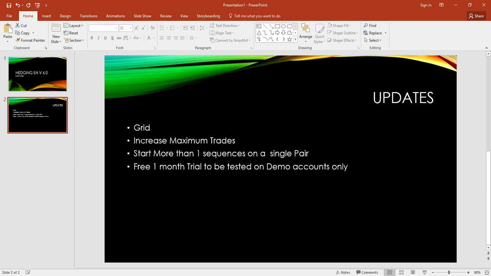The second one is I have increased the maximum number of trades which you can place with this EA. In version 5.7 and all the previous versions, there was a limit of maximum 10 trades, and that was, I think, pretty reasonable.